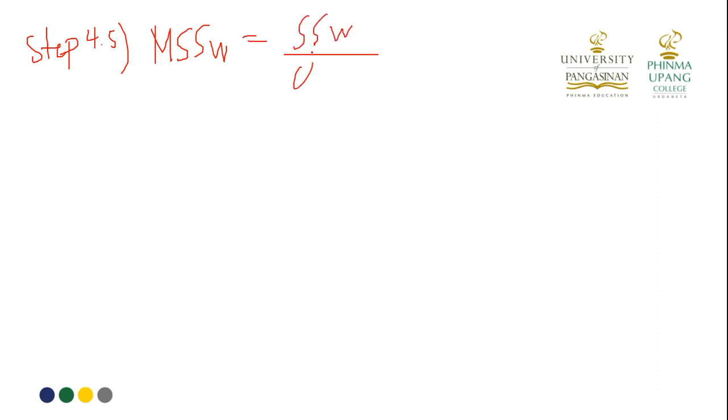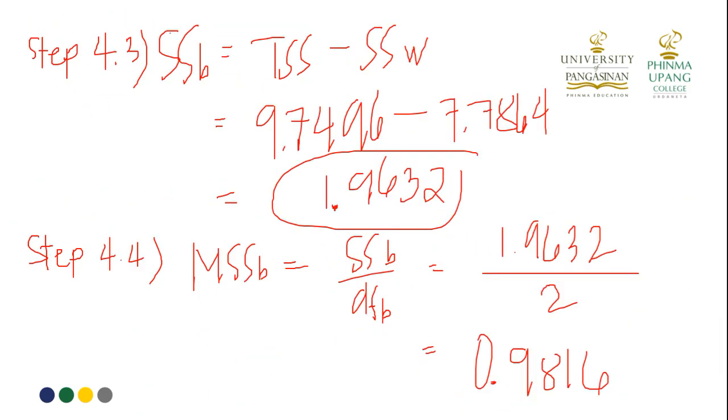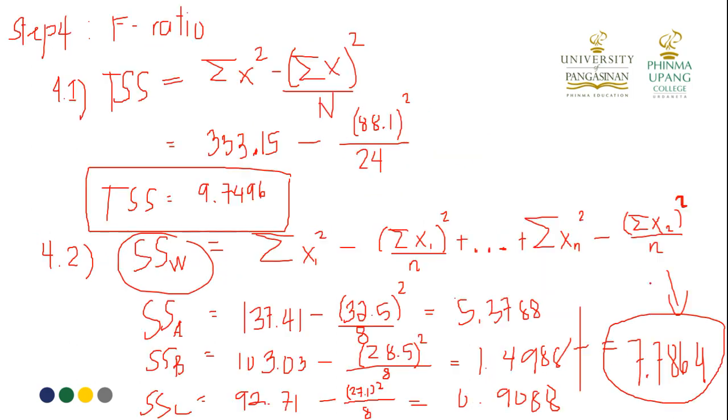Step 4.5. That is the mean of the summation of squares within, SSW all over DFW. Nakuha na natin yung SSW, di ba? So, what is SSW? 7.7864.